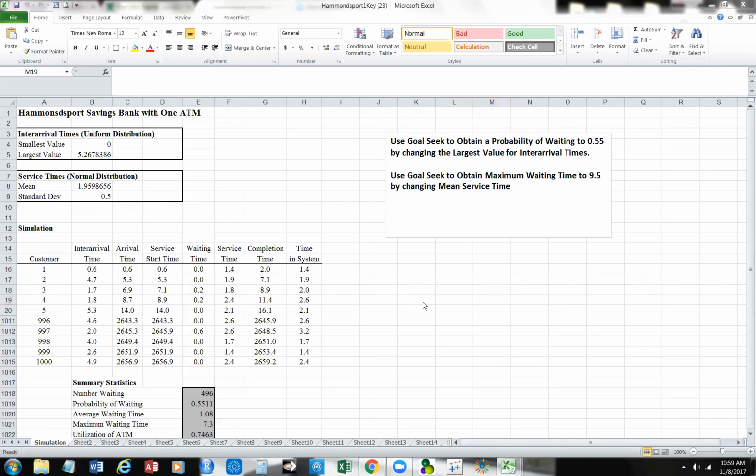They show us that model where the controllable input is the number of ATMs. The probabilistic ones are the inter-arrival times, that is, who's arriving, how fast. The service time, that's probabilistic, okay? And then the output, which is the operating characteristic.